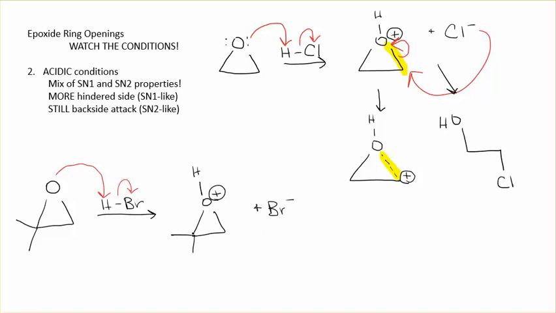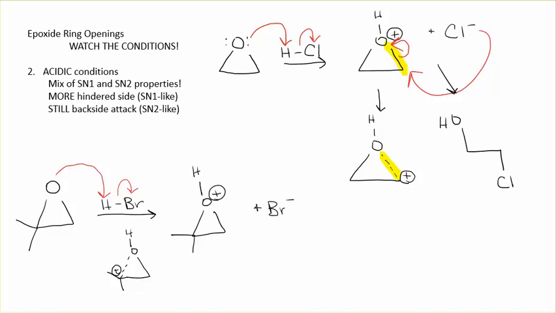And it's this side here, because that, again, if I draw the terrible dashed bond thing that I don't like, you'll see that that side is tertiary. That's going to be able to handle the positive charge better because we have the friendly neighbors that are donating electron density in.